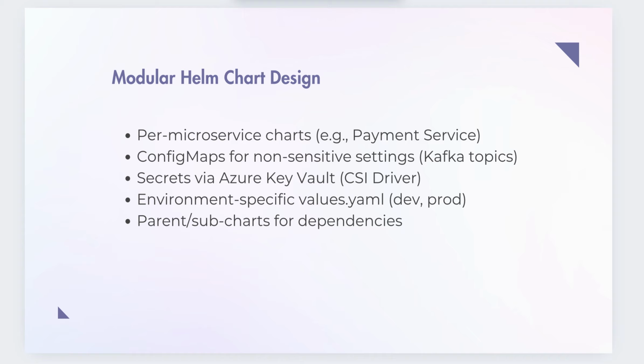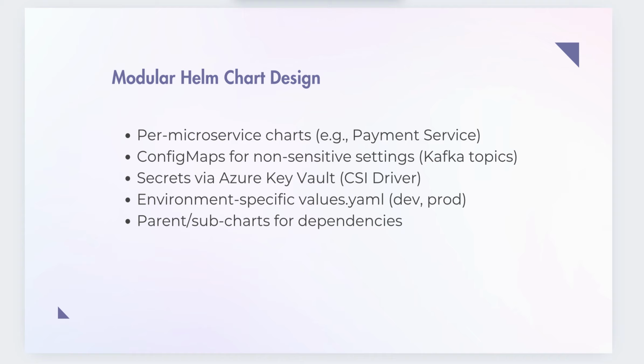To make deployments modular and reusable, I created a Helm chart for each microservice, like the payment service, with a clean, organized structure. The templates folder held Kubernetes resources like deployments and services, using Helm's templating to dynamically configure settings.